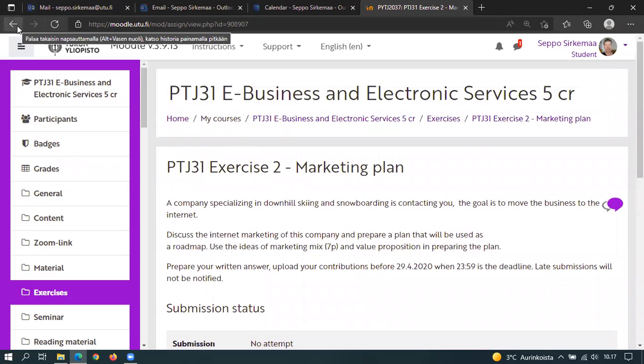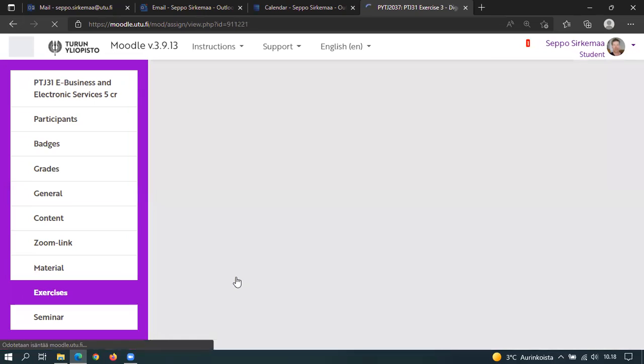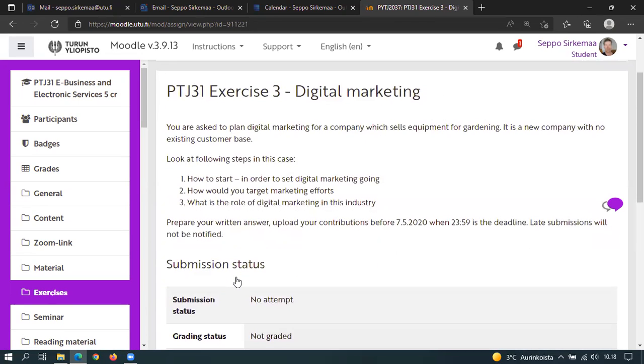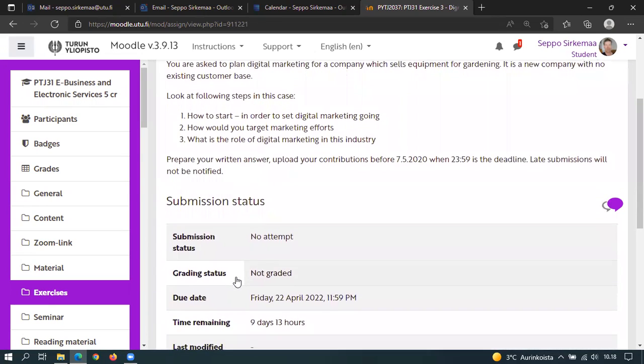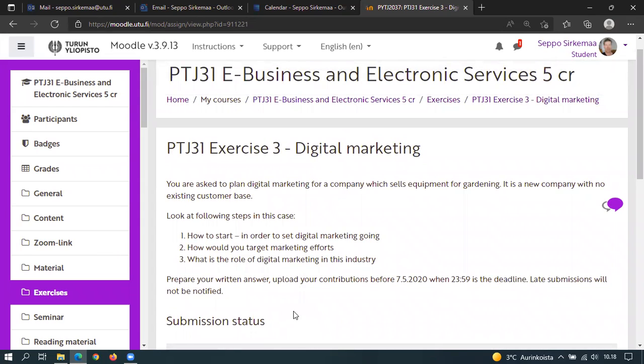And the second exercise, the last one. So if this one is exercise number 2, go back and then look at the last one, exercise number 3. This one is doable with the same timetable. So also for this one, there are 9 days and 13 hours at the moment for completing this exercise. This one is about digital marketing.